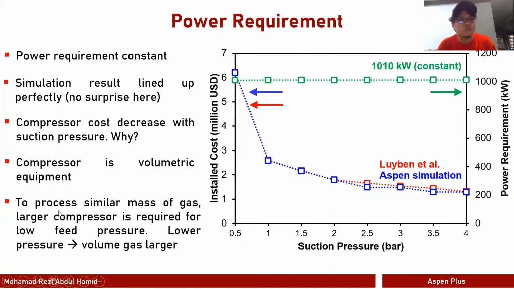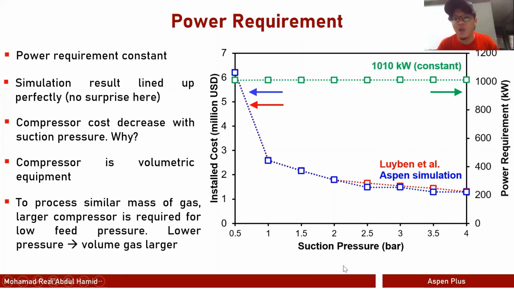And as I said here, to process a similar mass of gas, let's say 1 kmol per hour, a larger compressor is required for low feed gas pressure because low feed gas pressure contains less mass. So lower pressure means larger gas volume, so your piston is larger, the compressor is larger, so the capital cost is larger.